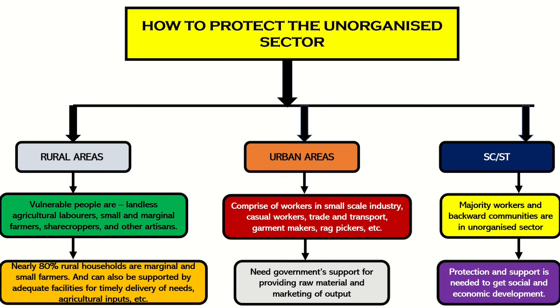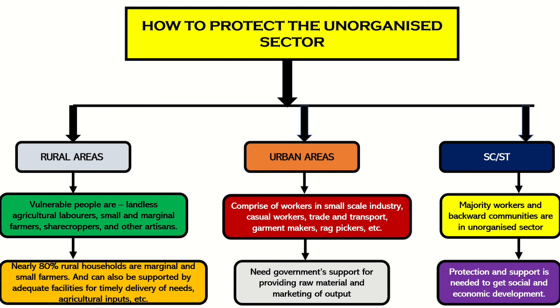In the rural areas, the unorganized sector mostly comprises landless agricultural laborers, small and marginal farmers, sharecroppers and artisans. Nearly 80% of the rural households in India are in the small and marginal farmer category. These farmers need to be supported through timely provision of seeds, agricultural inputs, credits, storage facilities and marketing outlets, etc.